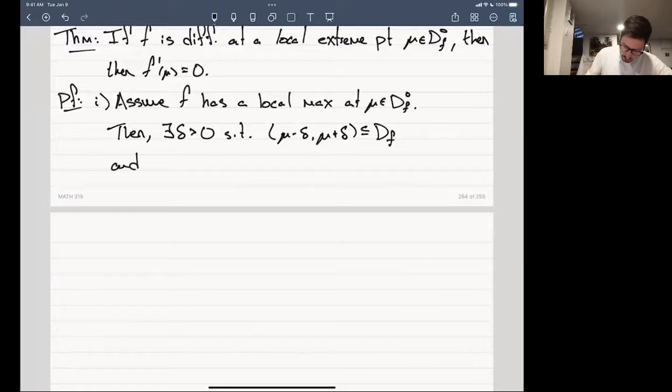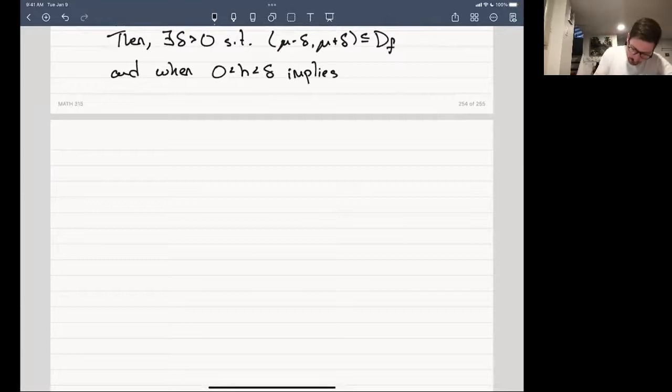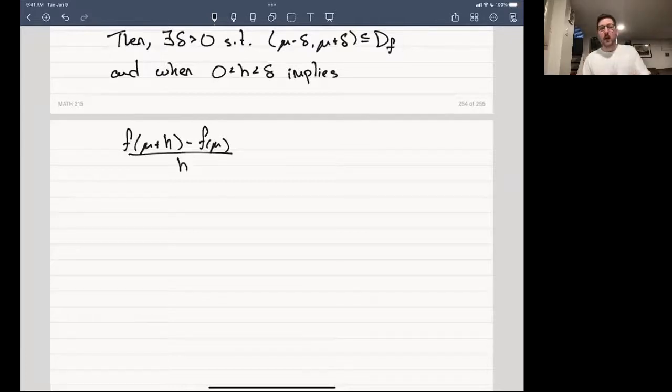And, well, as you can see, I'm going to move down a page here. So when I take my h positive and smaller than delta, this implies, well, here I have f of mu plus h minus f of mu divided by, sorry, I put delta in there, that should be h, divided by h.